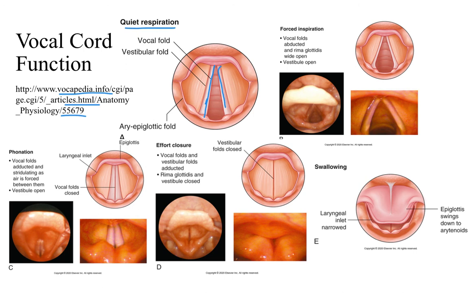During quiet respiration, this is what your vocal cords would look like. So when you're sitting there just breathing in and out, of course your airway is going to be open. There's not going to be a whole lot of tension on the vocal cords. During forced inspiration, notice that the vocal cords are widened a little bit, so there is a much bigger glottis opening because you're taking in a deep breath.